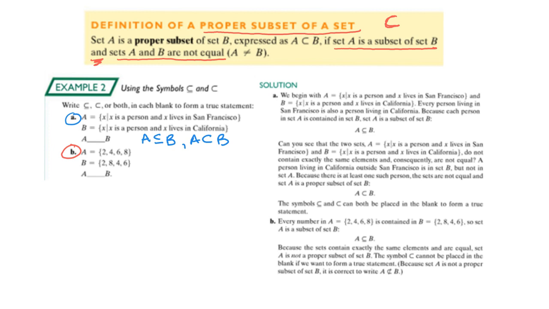Each element in set A is contained in set B. So I can say set A is a subset of set B. All the elements in A are contained in set B. And because these are identical, because A is equal to B, we cannot say that A is a proper subset of B. So the only one I could use on this one would be subset, not proper subset.